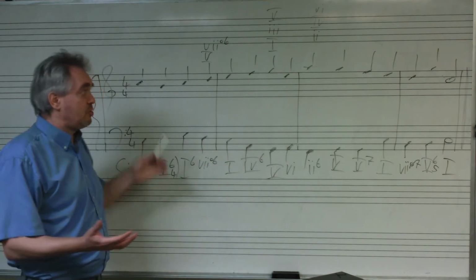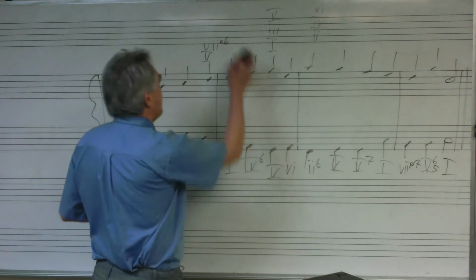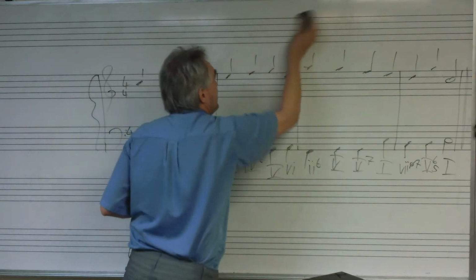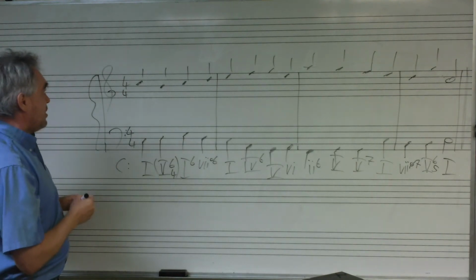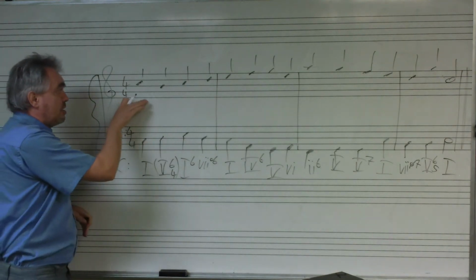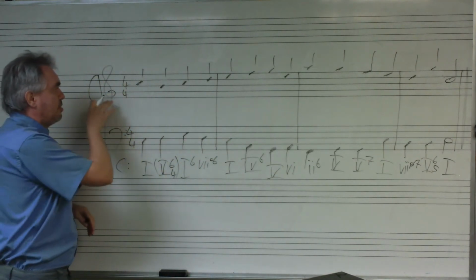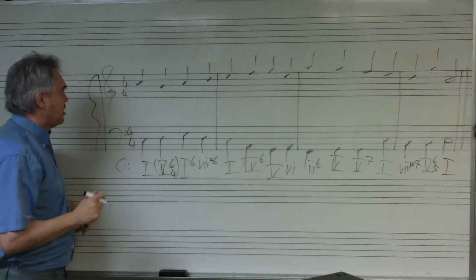No, it's not, because we may run into problems when we part write the inner voices. So we'll have to see, possibly we will have to make some changes. Now, we write the alto into the G clef and the tenor into the F clef.